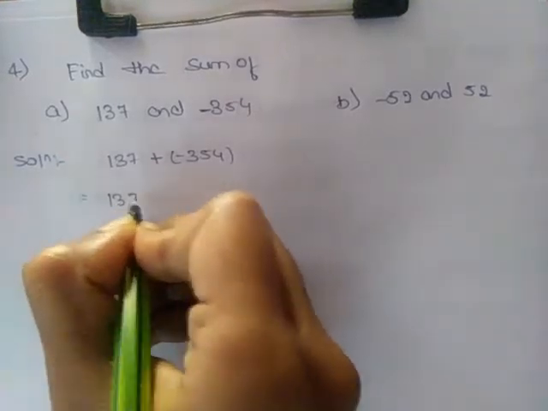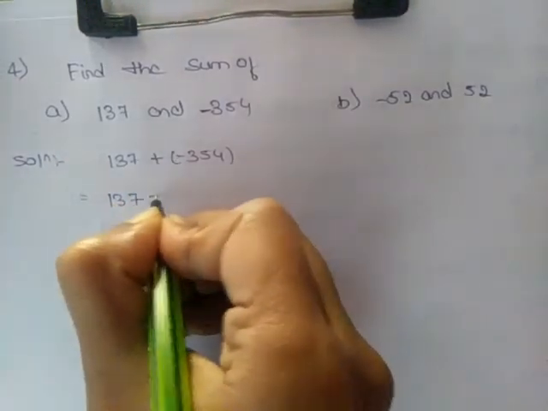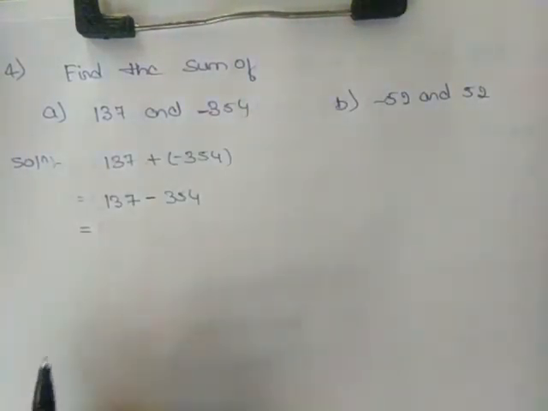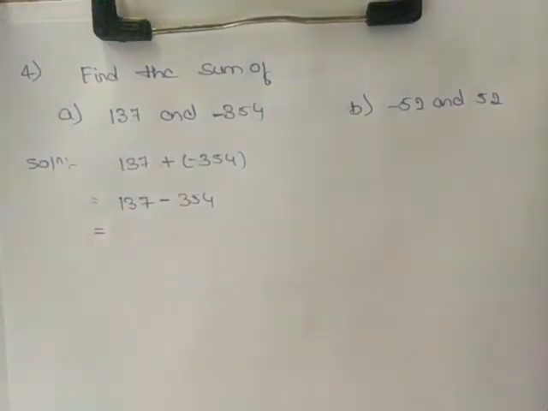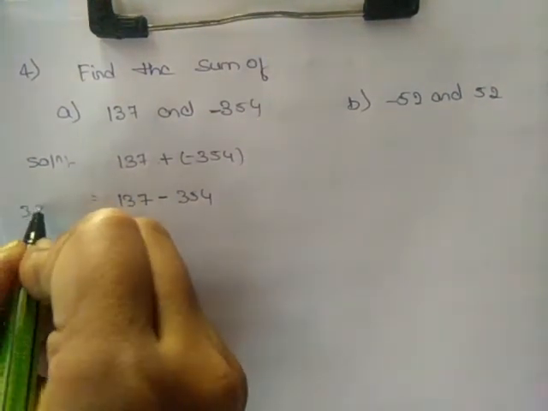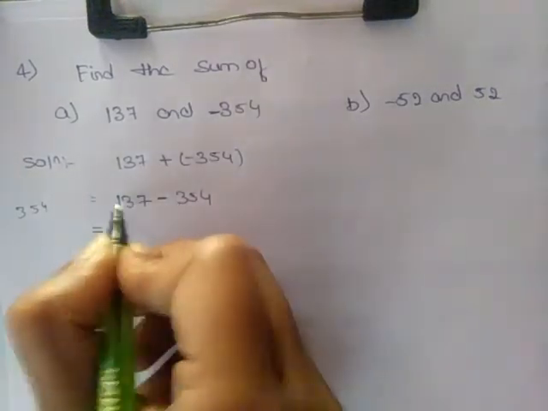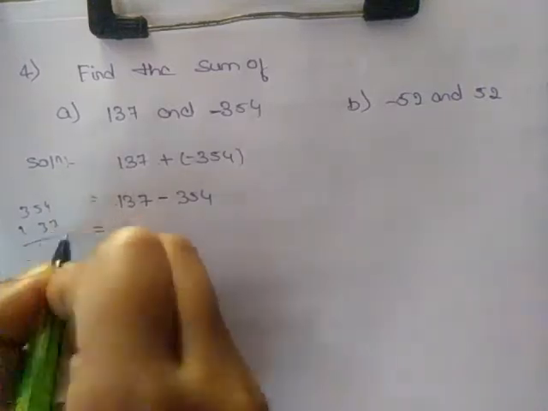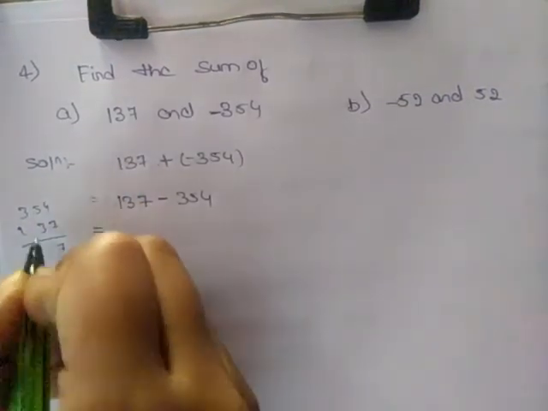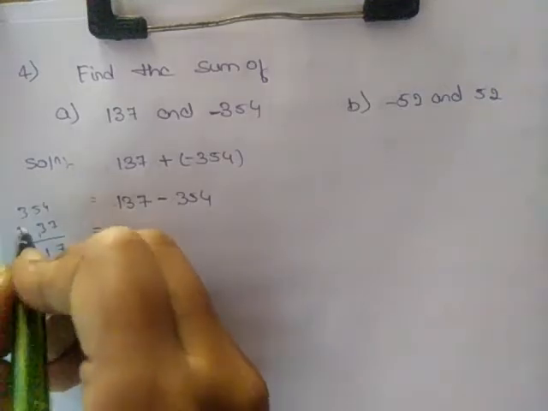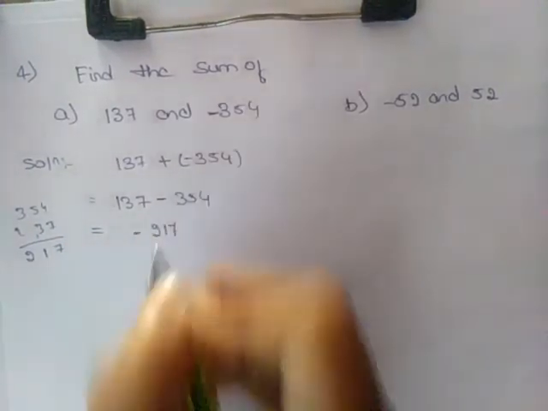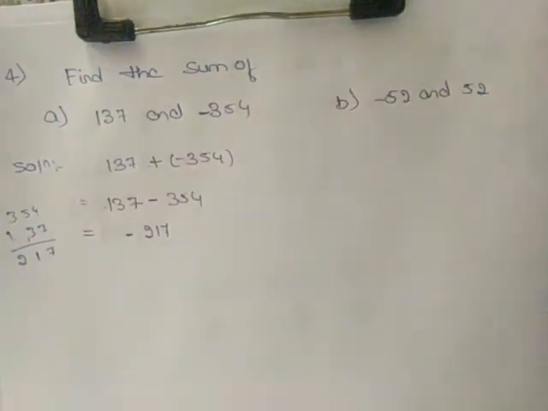Now we'll write 137 as it is, plus into minus, minus 354. We need to subtract because these two have a different sign. 217, bigger number sign, minus, right?